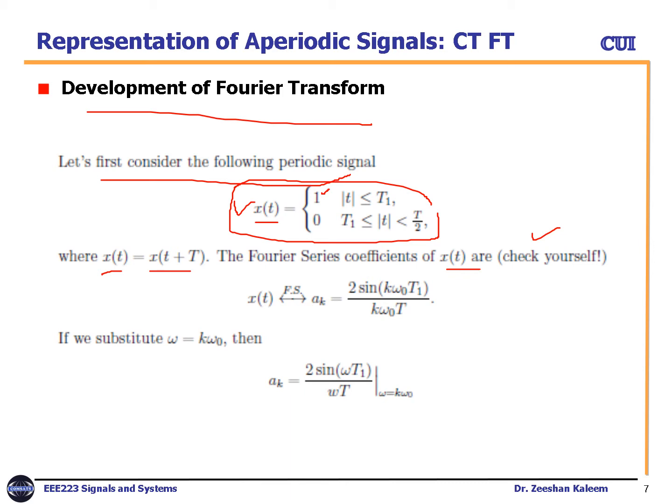Using the equation we already solved in the previous videos, you can obtain the coefficients a k equals 2 sine k omega naught t1 over k omega naught T. If we substitute k omega naught equal to omega, this equation becomes 2 sine omega t1 over omega T, where omega is equal to k omega naught.